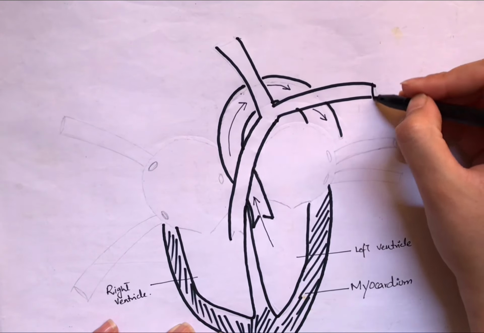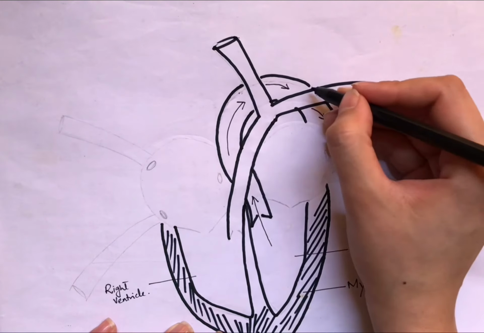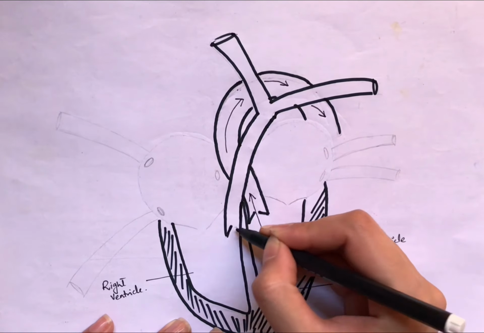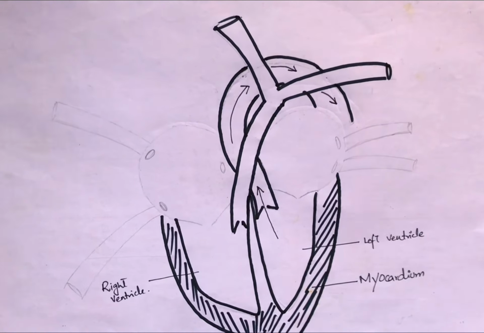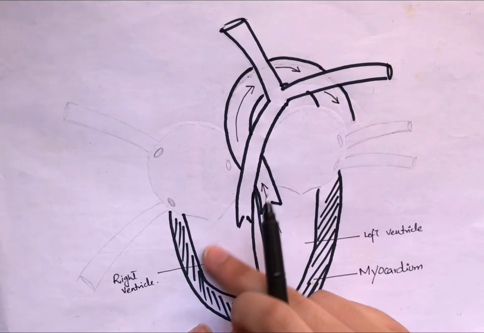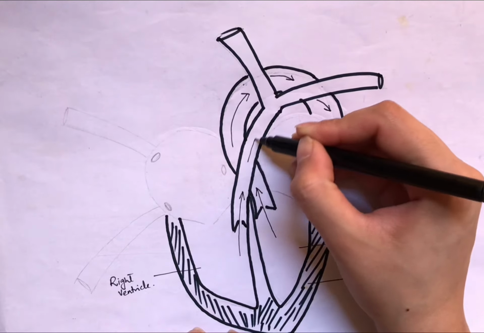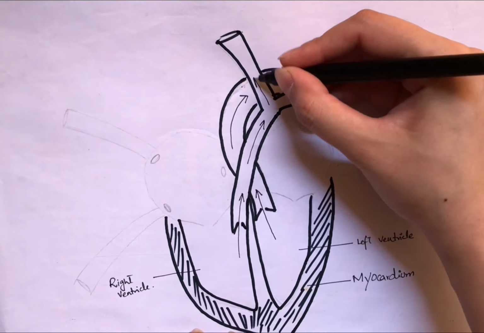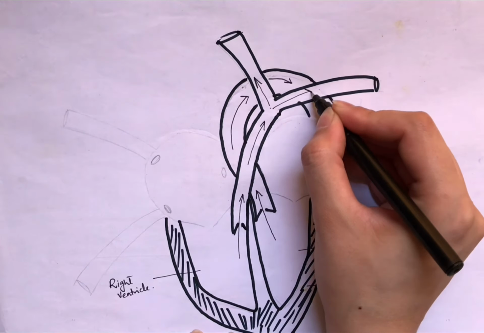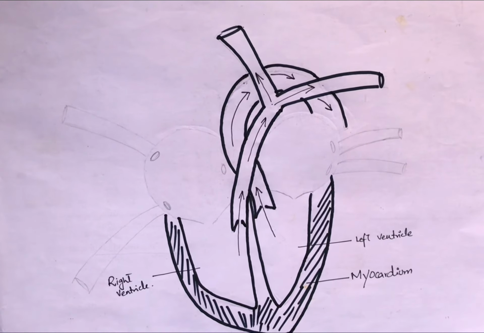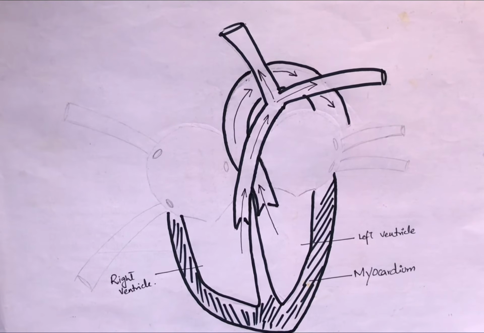So this is the pulmonary artery. I have made these arrows to make it easier to understand the flow of blood through the heart.